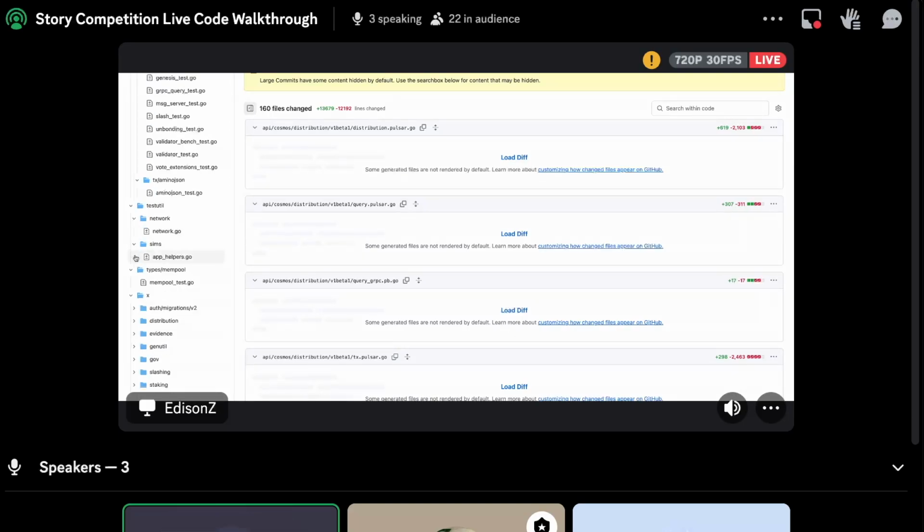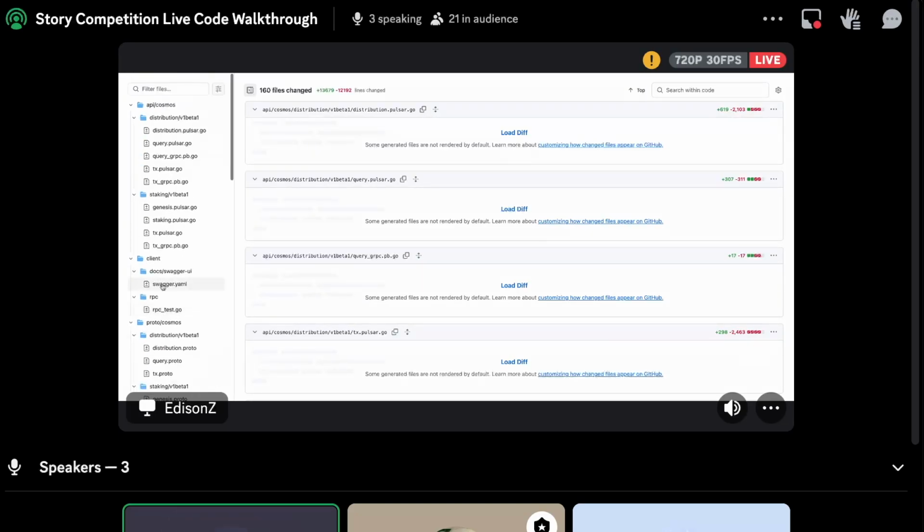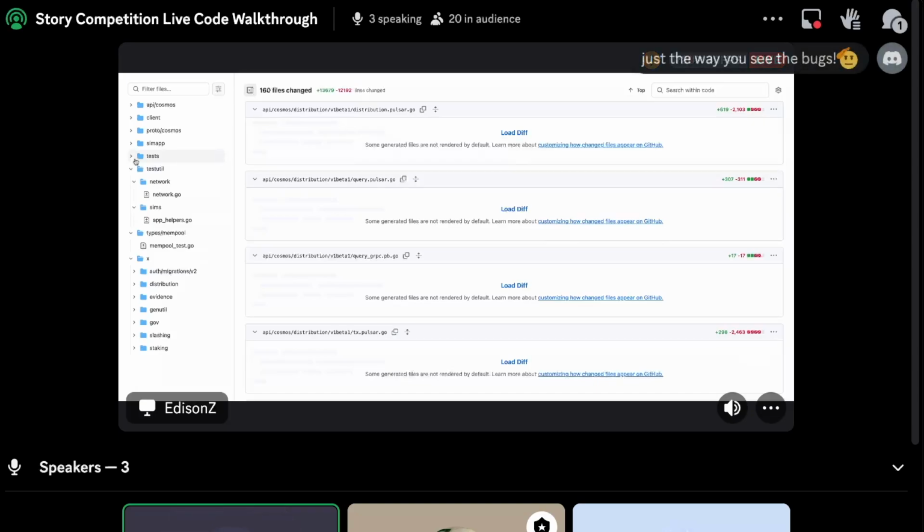So that's the main changes on the module side. Most of these are just tests. So we mainly modified the modules. Staking and distribution are the main things that we modified in order to support the new staking instance that we implemented.